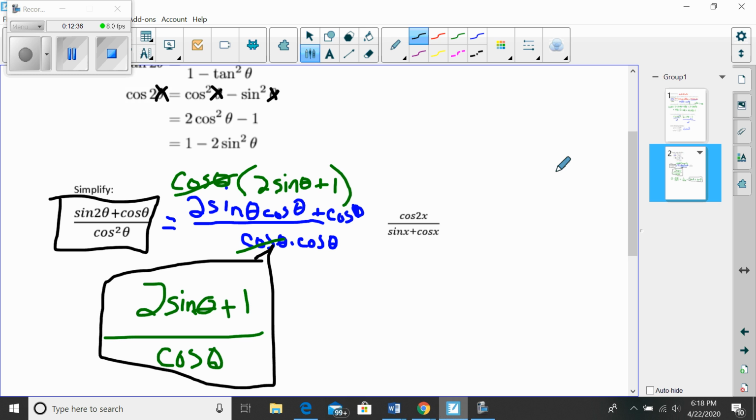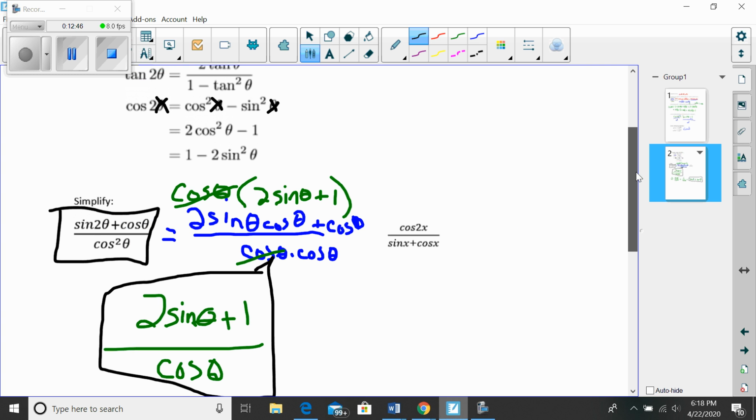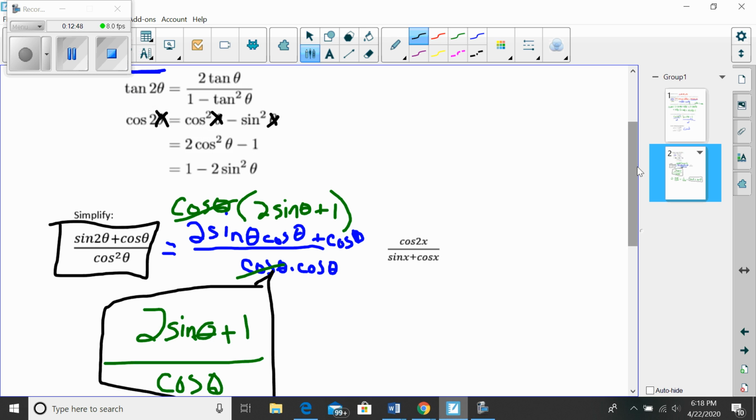My choice of variable is irrelevant as long as I'm consistent. I have to have all x's in one problem, all thetas within the other problem. But my choice of representing the angle doesn't really matter when it comes to using the identities.